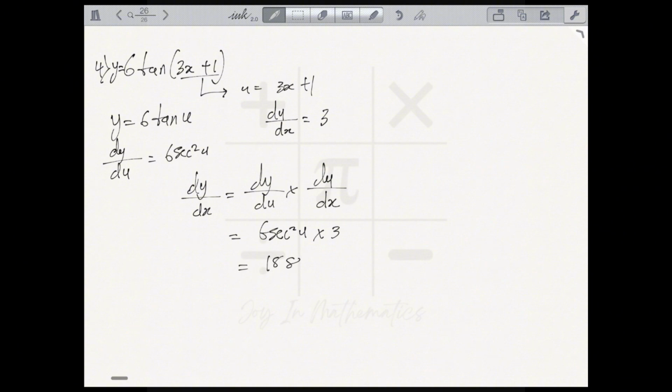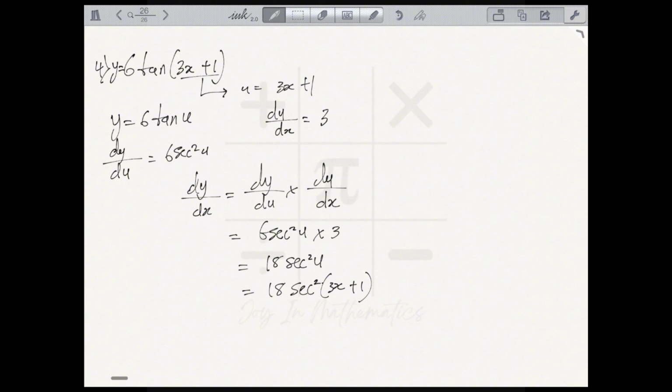That is 18 sec square u. And substituting our u back into the answer, we have 18 sec square(3x plus 1).